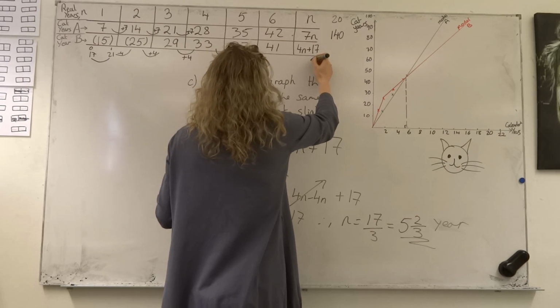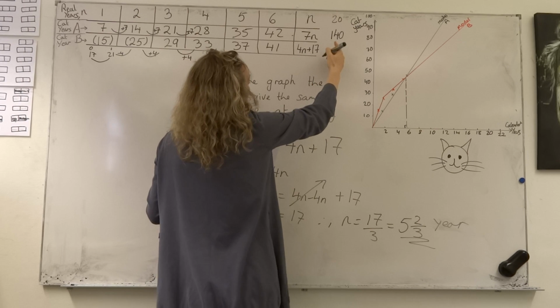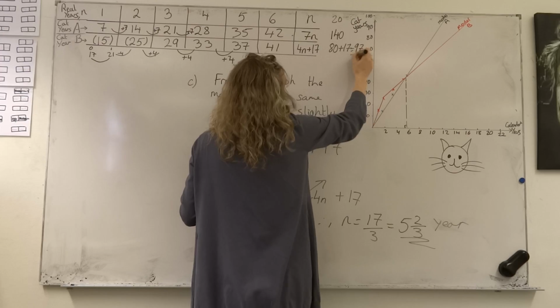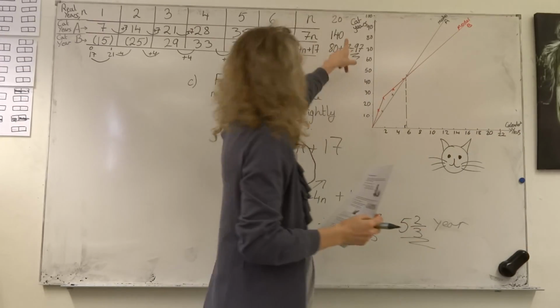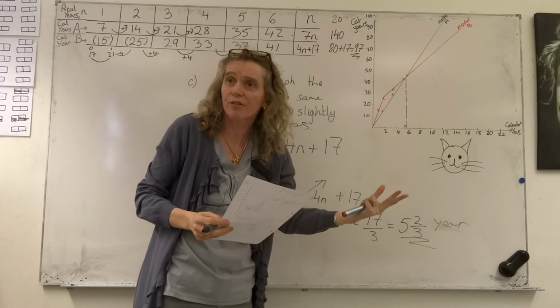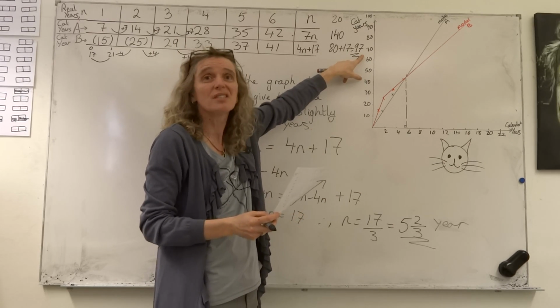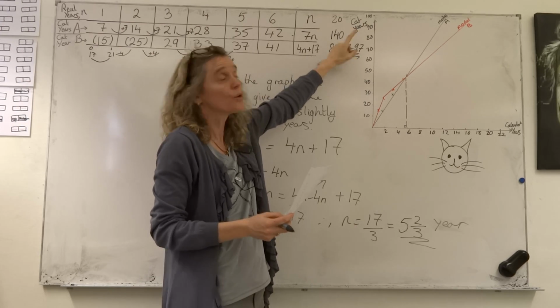We'd get 4 times 20, which is 80, plus 17, which is 97. So 97 is reasonable, but how many humans do you know running around at 140? And if it's not unusual for a cat to be 20, it's not too unusual either for a person to be 100. That's reasonable, but model A isn't reasonable.